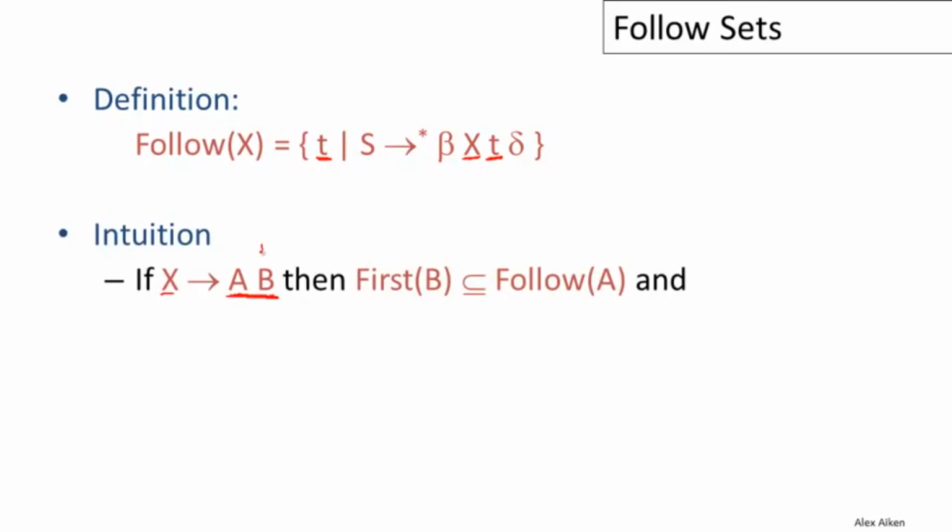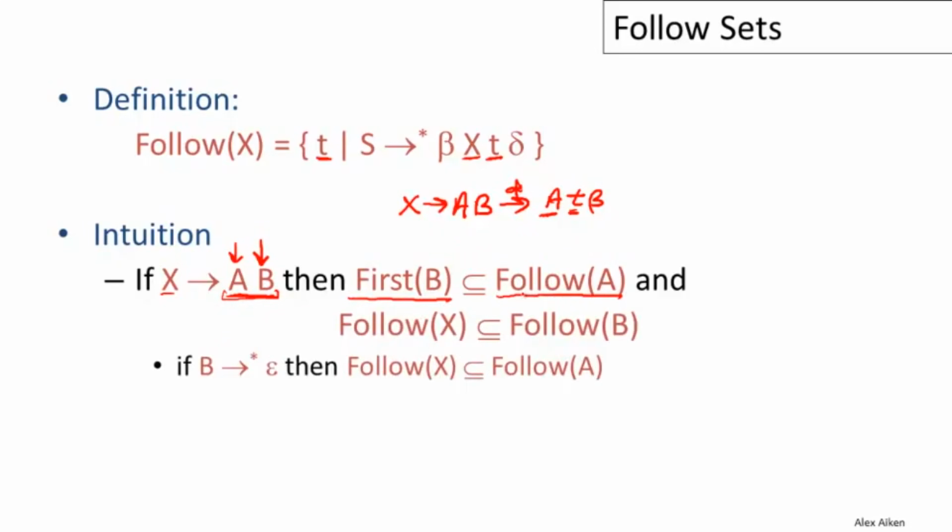Then anything that B can produce in the first position can clearly follow A. So if we have X goes to AB, and then through some more steps we get B goes to T beta, then the T comes immediately after the A, and so clearly something that was in the first of B is in the follow of A. So the basic rule is that if you have two symbols that are adjacent somewhere in the grammar, the first of the second one is in the follow of the first one.